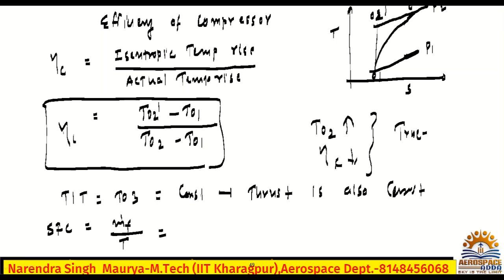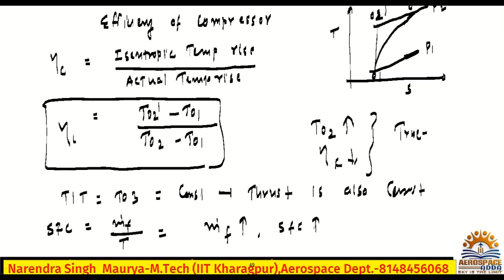TIT means turbine inlet temperature. To make the turbine inlet temperature constant, you need to burn more fuel. So if you are burning more fuel, m dot f you are increasing, it means SFC will be increasing. I hope you understood this. Because compressor efficiency is decreasing, it means it is not efficient at raising the temperature.